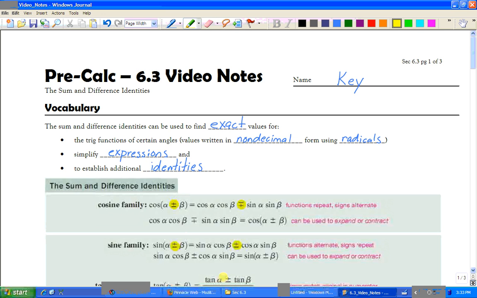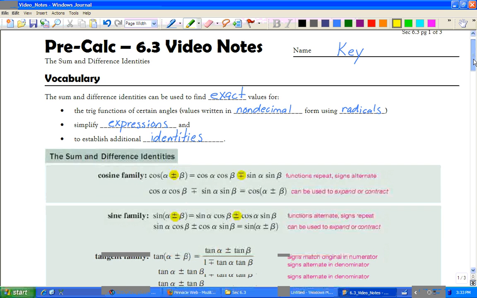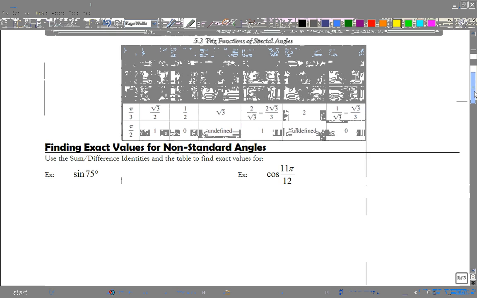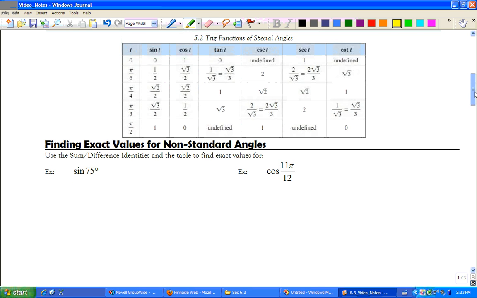Okay, I'm going to move this up, and hopefully you're still going to hear my audio, and then we'll go through some examples. Now, this table is from section 5.2, trig functions of special angles. We have our radian measure angles, and then all the trig functions, what they equal.